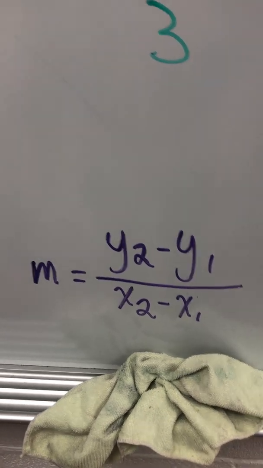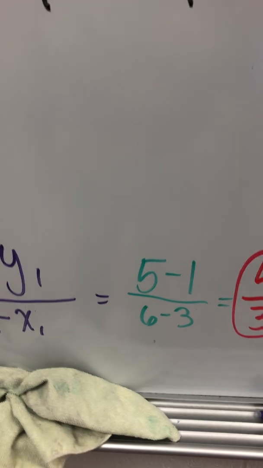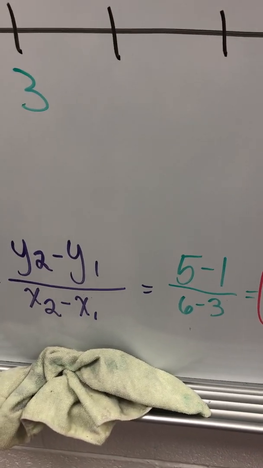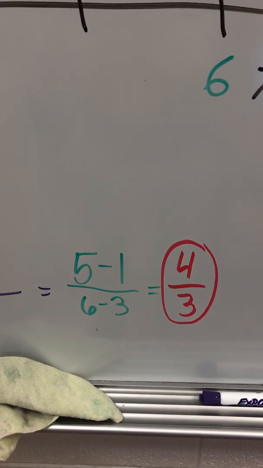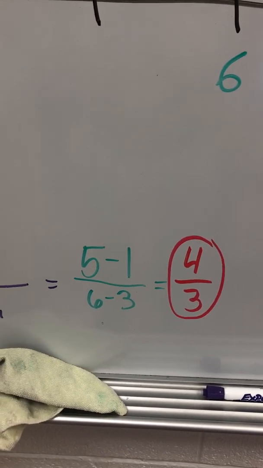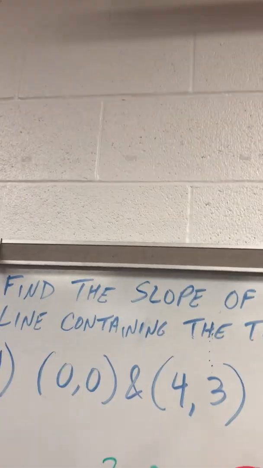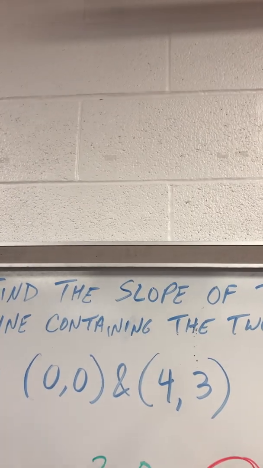Anyway, y2 minus y1 gives you 5 minus 1. x2 minus x1 is 6 minus 3. And there you go, 4 over 3. So how are we going to find the slope given the points 0, 0, and 4, 3?